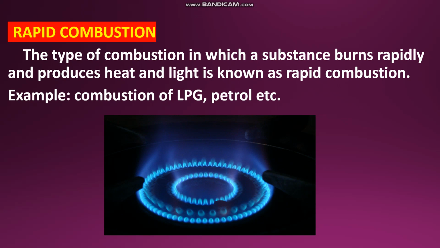The type of combustion in which a substance burns rapidly and produces heat and light is known as rapid combustion. Examples: combustion of LPG, combustion of petrol, combustion of all these highly inflammable substances. Petrol catches fire, or diesel catches fire, alcohol catches fire. All these are examples of rapid combustion.